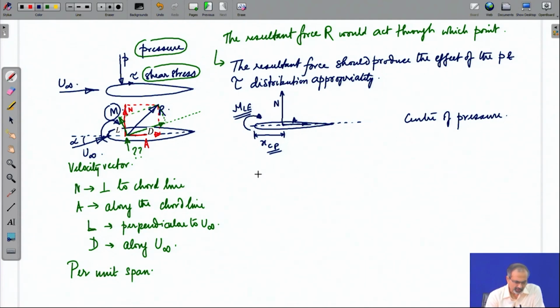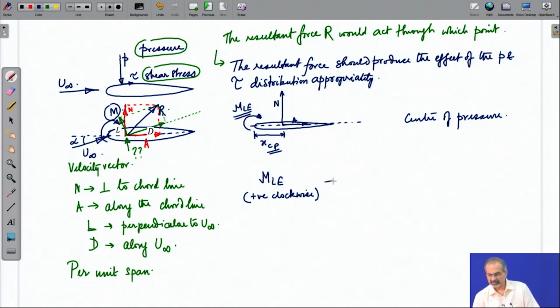So, if we look at the balance, how would we appropriately represent it? Leading edge moment is positive, by convention it is clockwise, and that is exactly represented by the moment created by this force N, which is acting at a distance of x c p from the leading edge, but in the counterclockwise sense.